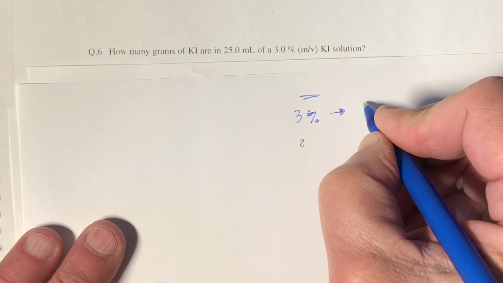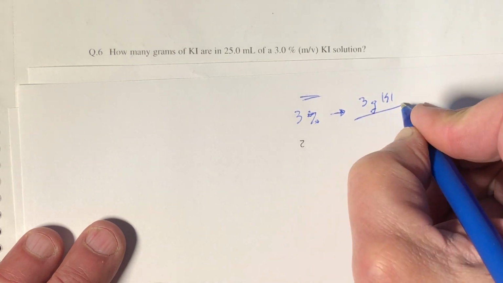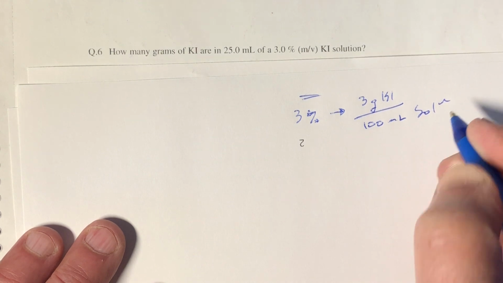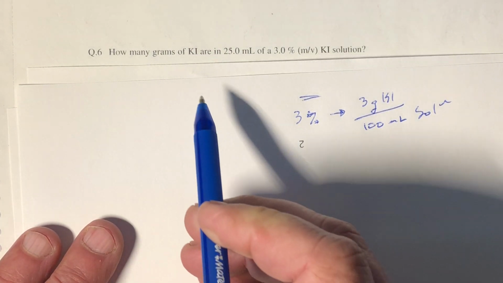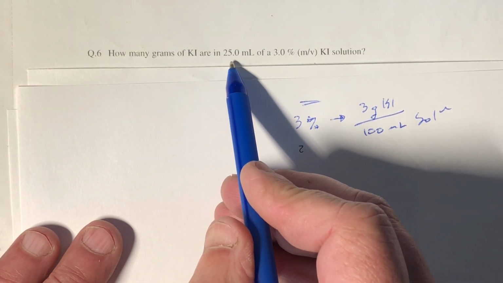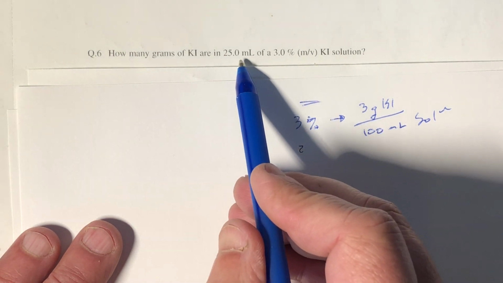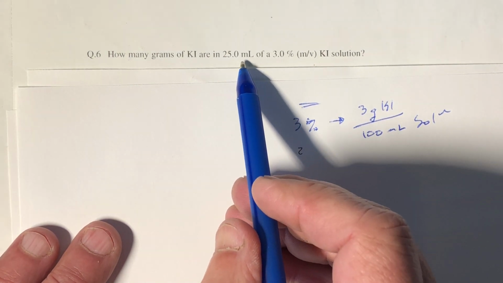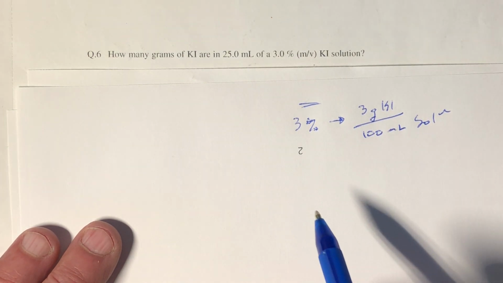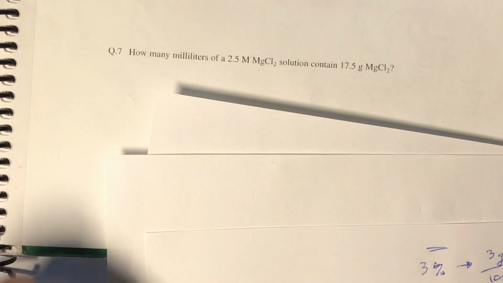So we'd rewrite that as 3 grams of KI per 100 mL of solution. And then we can use that as a conversion factor to go from whatever we need to. So how many grams of KI are in 25 mL of KI solution. So a logical way to do this would be mL of solution to grams of KI. It's a one-step conversion.